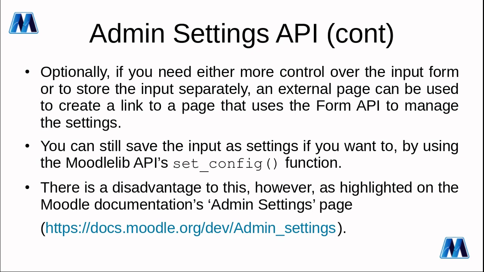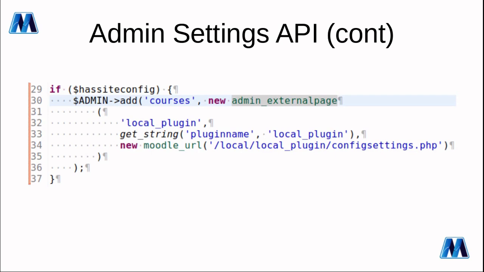Now, you can store those separately, or you can still use the core Moodle lib API setConfig function to store them as your plugin's configuration values. There is a disadvantage to doing this, and we'll talk about that a little later on when we're going through our code. And there's a link to the admin settings page.